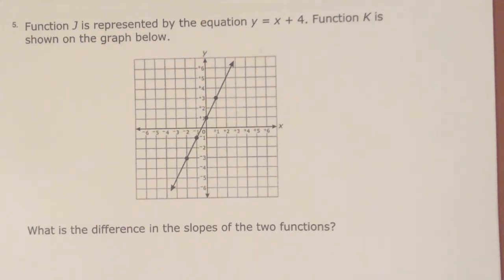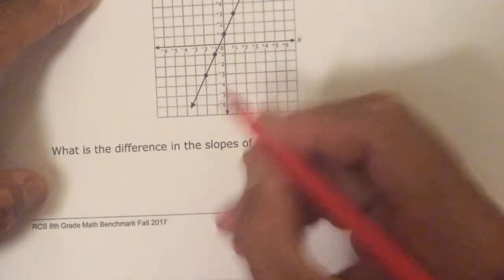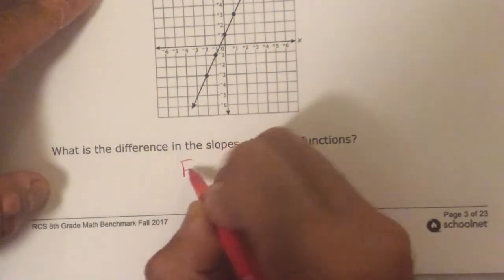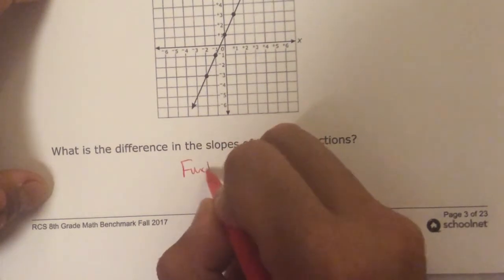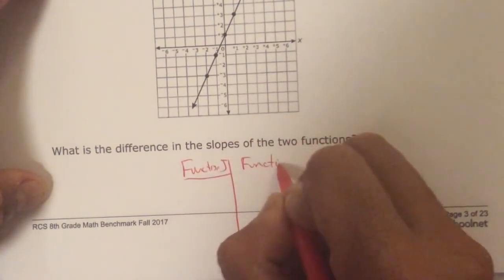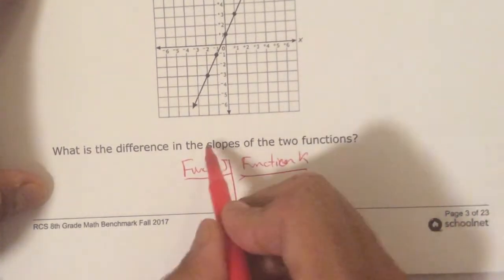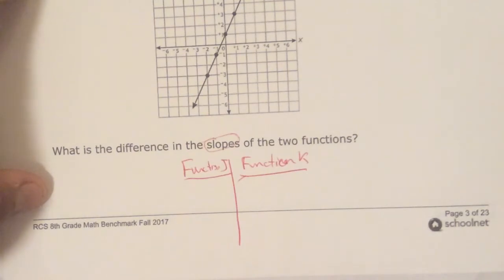Okay, so first thing I will do is draw myself 2 sections on my paper to be able to separate function J and function K. So I will do function J, function K. Now obviously we're looking for the slope because that's what they said.